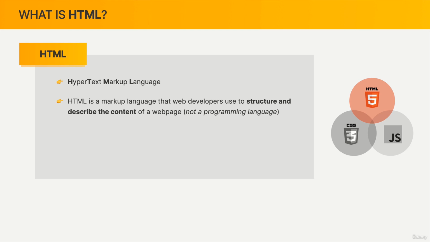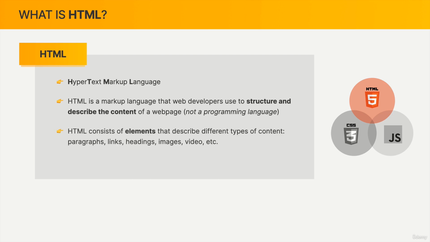It's a markup language because we use it to describe something. And in the case of HTML, we describe content using elements. So we have different elements that we can use to describe different types of content. For example, we have the P element that we already used in the lecture where we created our very first web page.